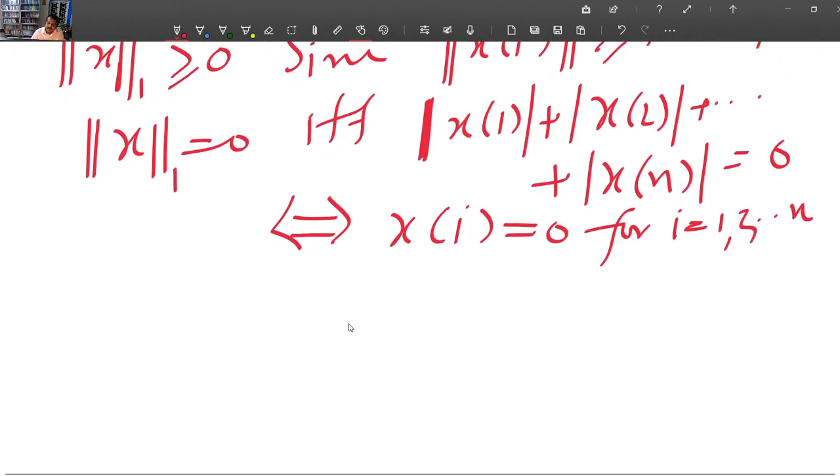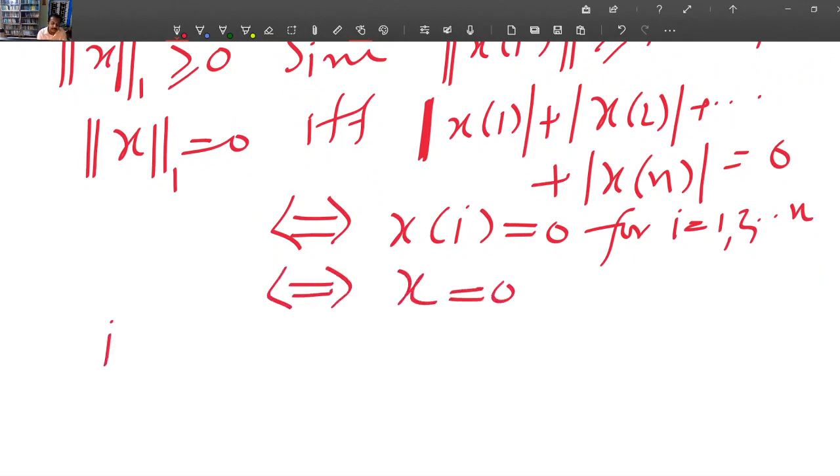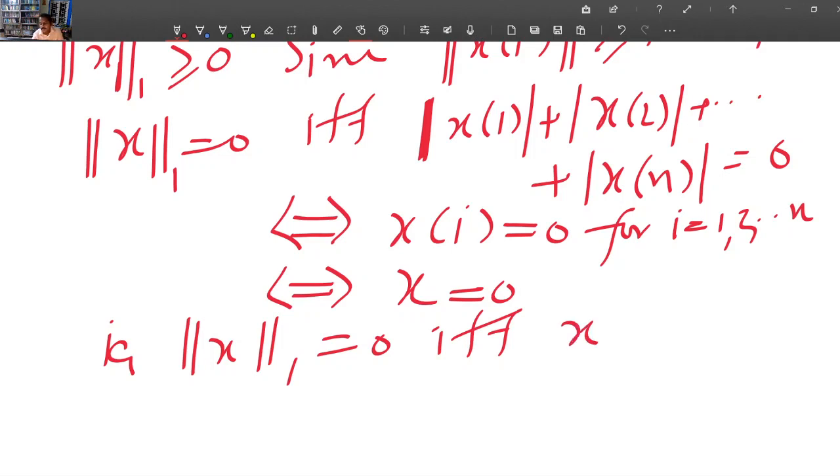That is, x of i equal to 0 for i equal to 1, 2, etc., n implies x equal to 0. That is, the 1 norm of x equal to 0 if and only if x equal to 0.